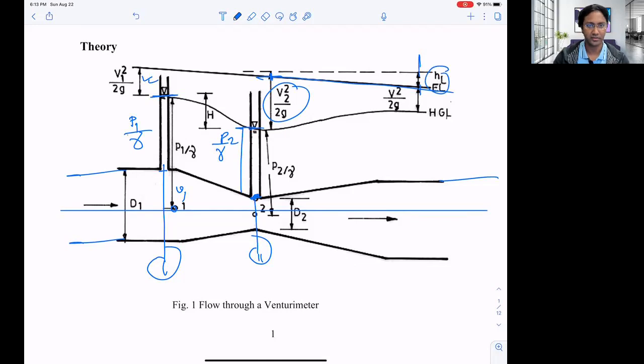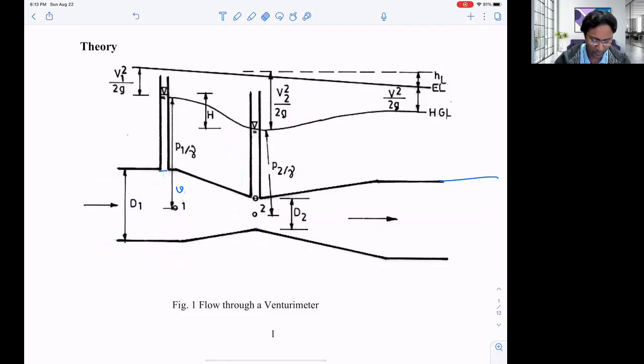Since there is a head loss, we can calculate that, and we already have an idea about head loss from Bernoulli's principle. It is nothing but one of the applications of Bernoulli's principle. We can clearly see that. So how can we make a relationship involving this pressure differential? You can see here clearly, I'm trying to focus on that one.